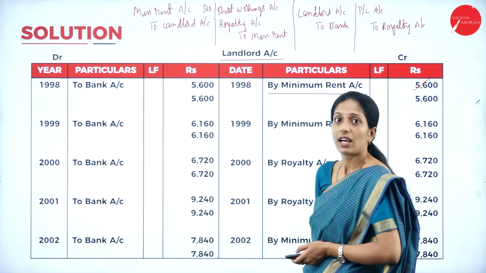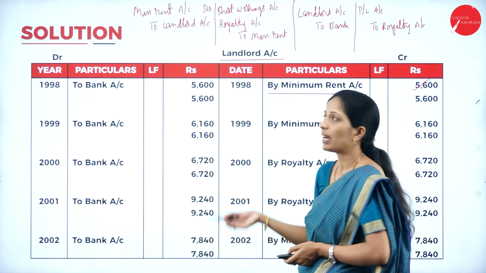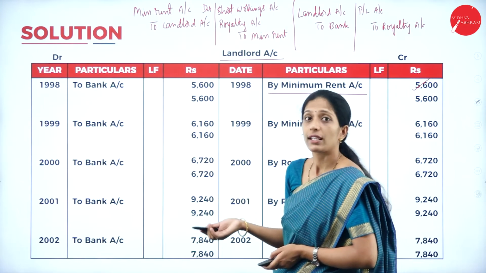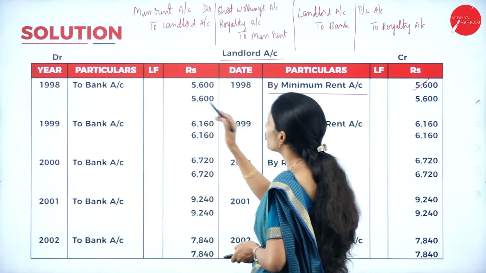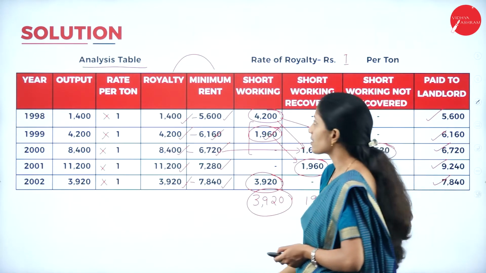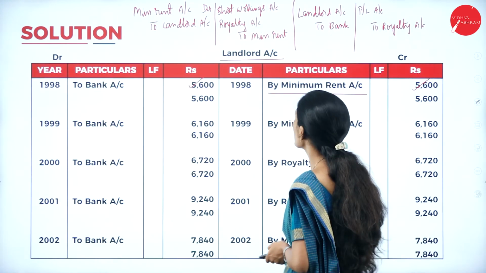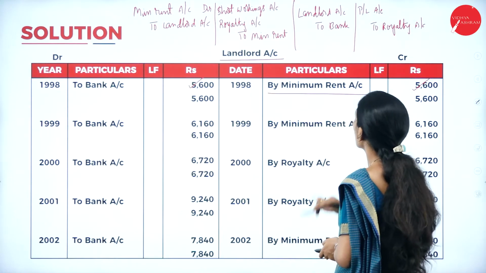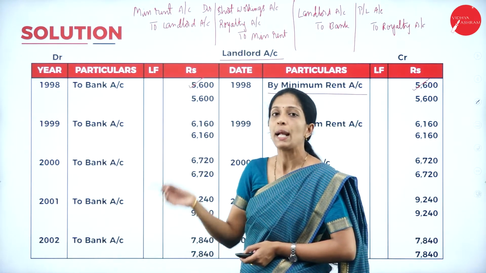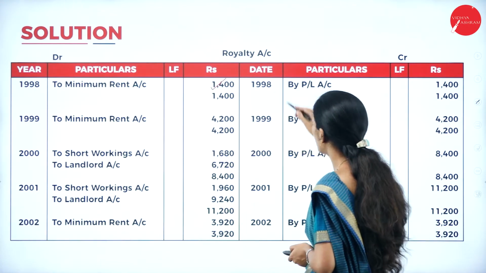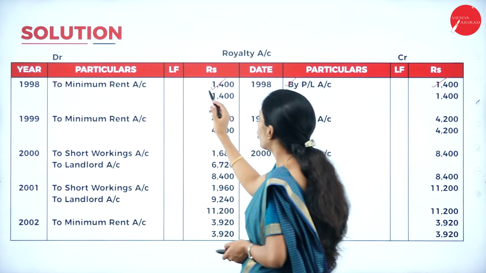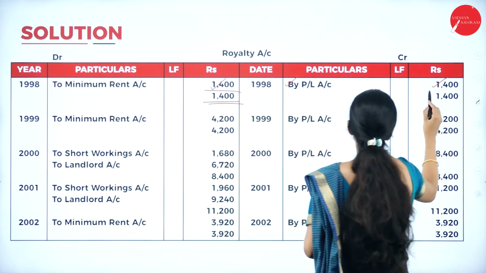Now come to the third one. You are going to make the payment. That is landlord account debtor to bank account. What is the amount payable to landlord? 5,600. So I'll write 5,600. Next, profit and loss account debtor to royalty account. Now how do you write in royalty account? By profit and loss account 1,400. Now hope you are clear with all the first year entries.